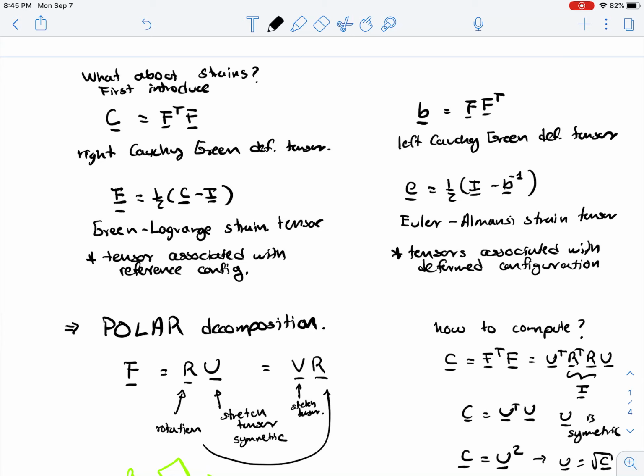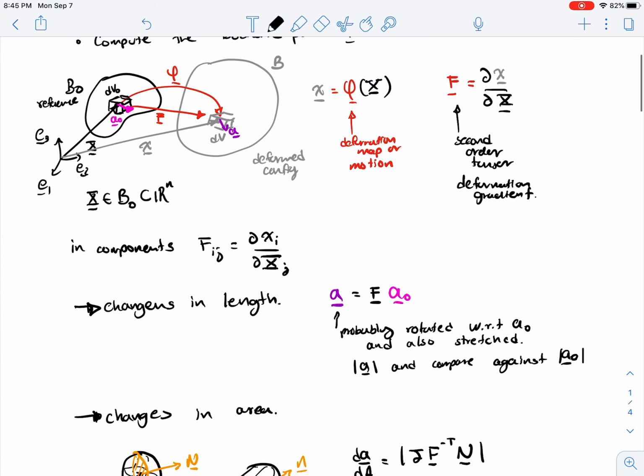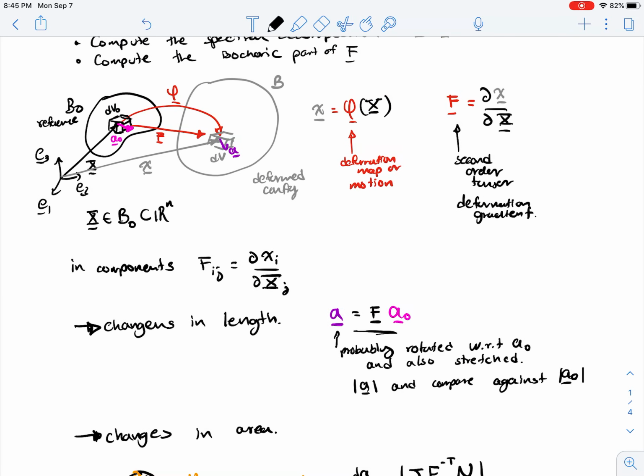There is a reason why it's C and B that are used, and that is because F has a little more information than what we want. I think I mentioned this last time. F has all this information about changes in length, changes in area, and changes in volume, but it also has information about changes in orientation, for example. This is clear when you look at changes in vectors.